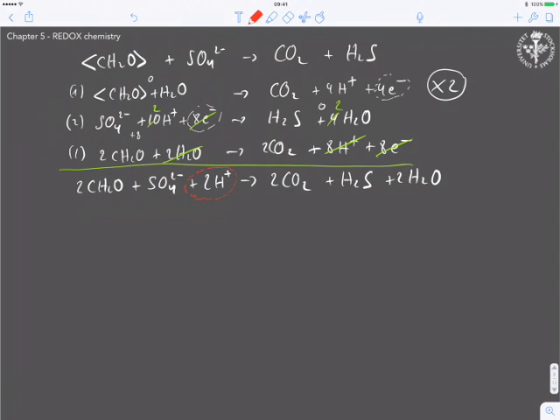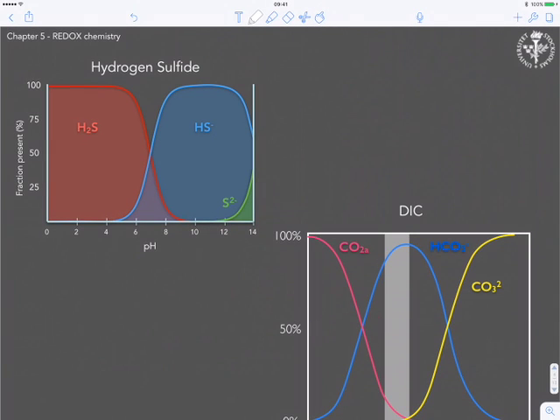So when you have an average pH around 8, we have seen that CO2, the DIC, is not present under the form of CO2, but under the form of bicarbonate. If you don't remember that, here a small reminder.